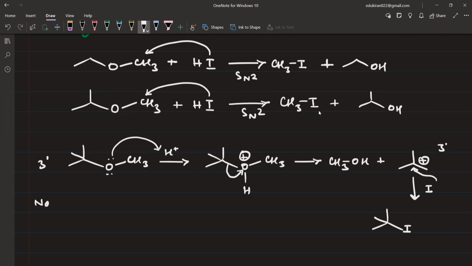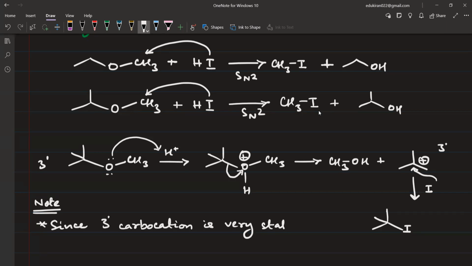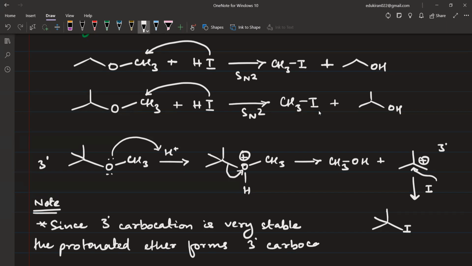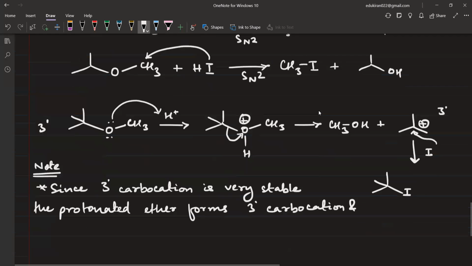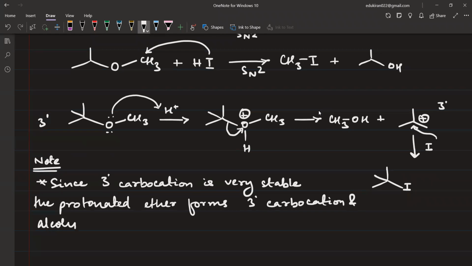You write here as a note. Since 3-degree carbocation is very stable, the protonated ether forms 3-degree carbocation and alcohol.